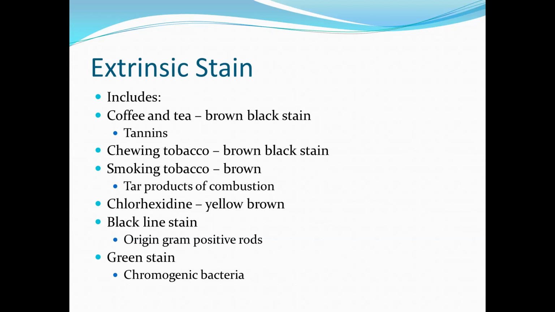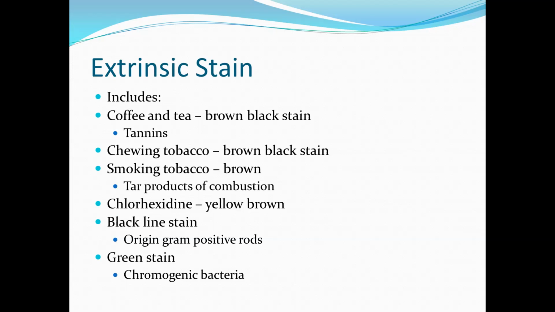Chewing tobacco, some patients will stain heavily and some won't, but boy, this is thick, leathery stuff that can come off for chewing tobacco and smoking tobacco from the tar products. And it smells like tobacco when you're scaling it. Chlorhexidine is a yellow-brown stain, usually along the gingival margin and going interproximally.